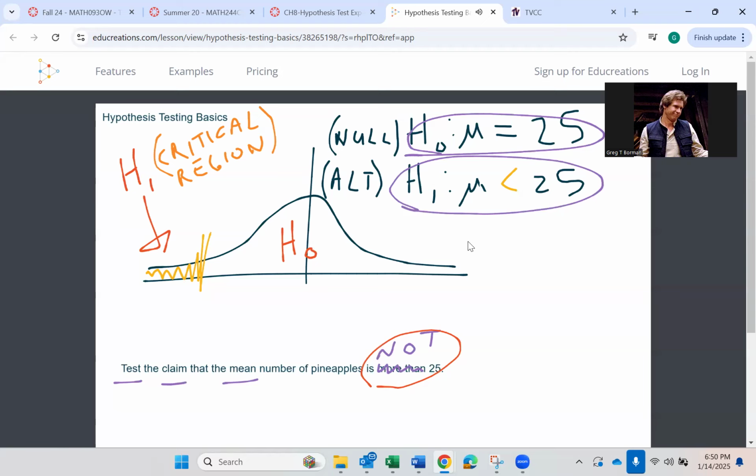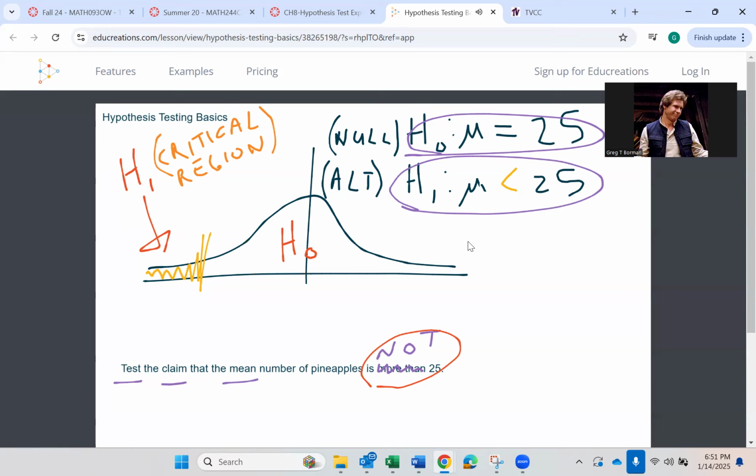The critical value is a number, and that number is either going to put you over here in the critical region, the H1 region, or it's going to put you over here in the null hypothesis region, the H0 region.